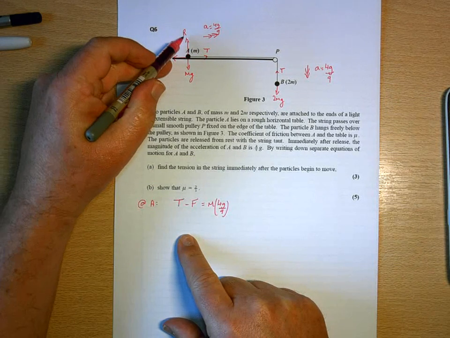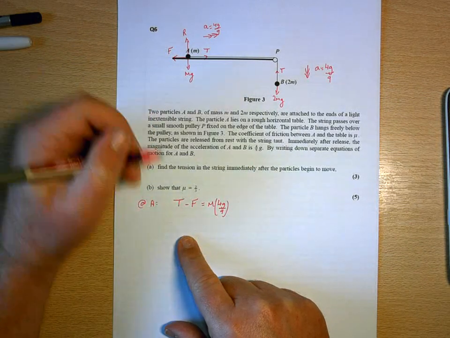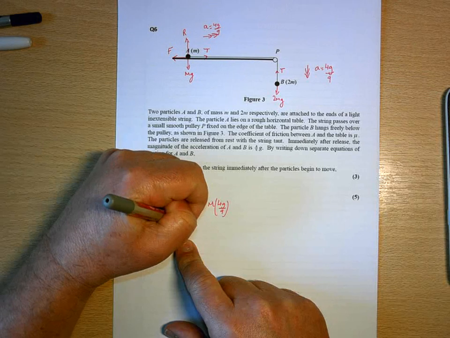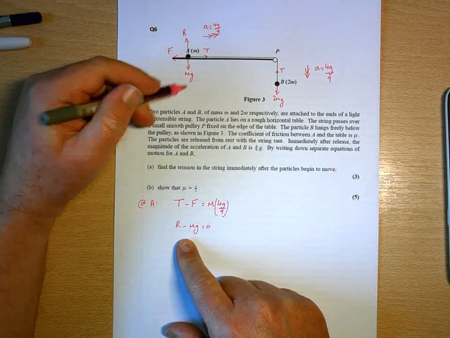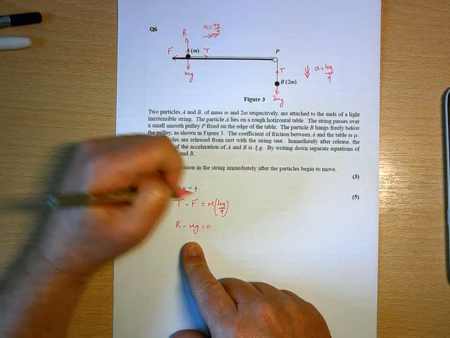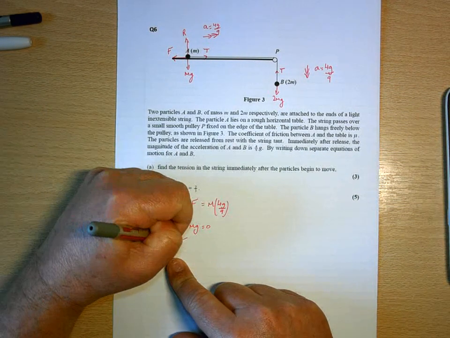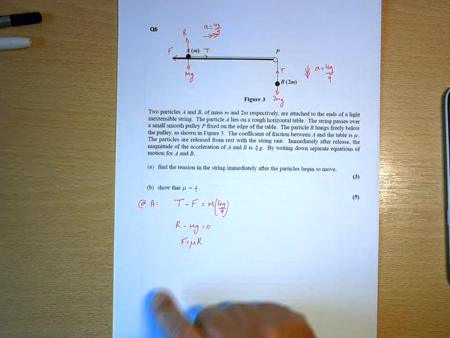We've also got that R minus mg equals 0, because there's no acceleration acting in that vertical plane, and we know that F equals mu R.